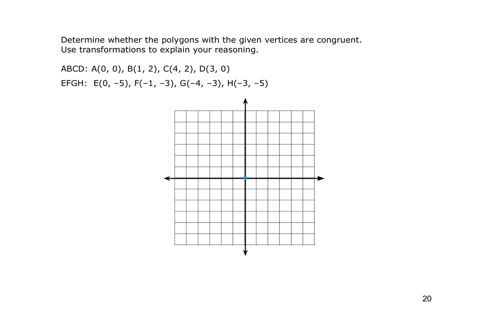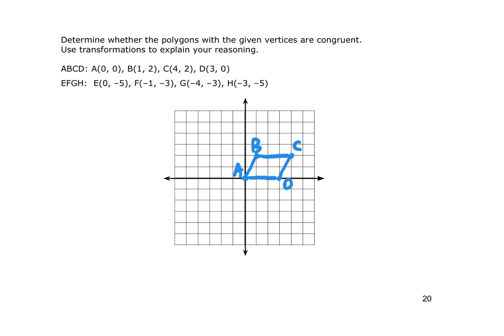So we're going to start with 0, 0, 1, 2, 4, 2, 3, 0. There's A, B, C, D. Okay.